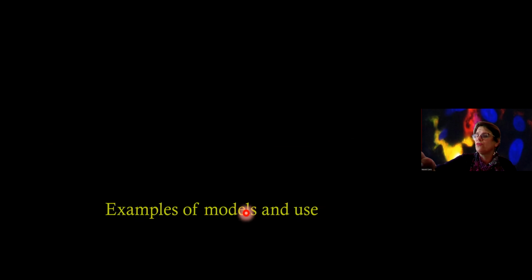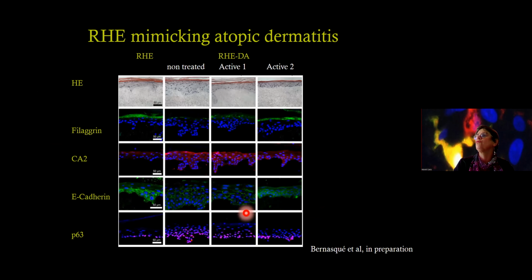So I will show you some examples and models we can use. Here it's reconstructed human epidermis which mimics atopic dermatitis. You can see here the normal reconstructed human epidermis. We test with a cocktail of cytokines and we obtain reconstructed human epidermis mimicking atopic dermatitis with the main features, which are a decrease in filaggrin and an increase in carbonic anhydrase 2.